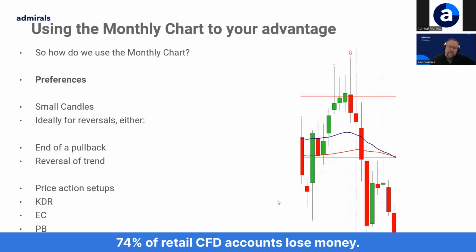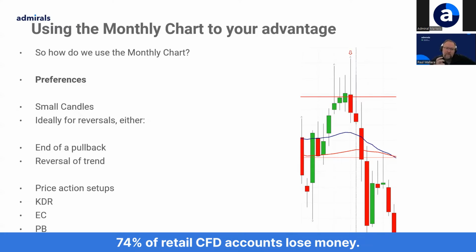So how do we look to use the monthly chart? How can I utilize the skills, the concepts, and the patterns that I've learned on Paul's price action trading guide here? How could we utilize that on a monthly chart?